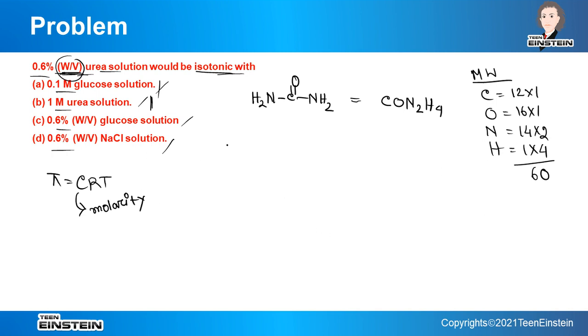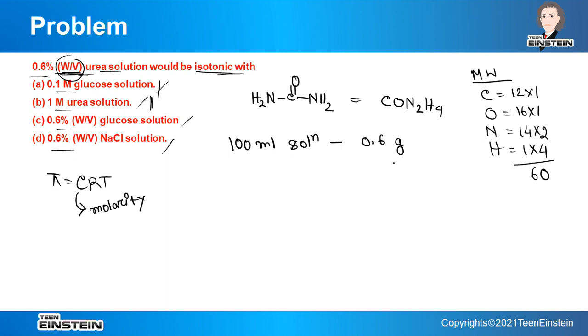Okay, so now we can say that 100 ml solution contains 0.6 gram urea. But for molarity we need to know, in 1 liter, that is 1000 ml solution, what will be the number of moles.